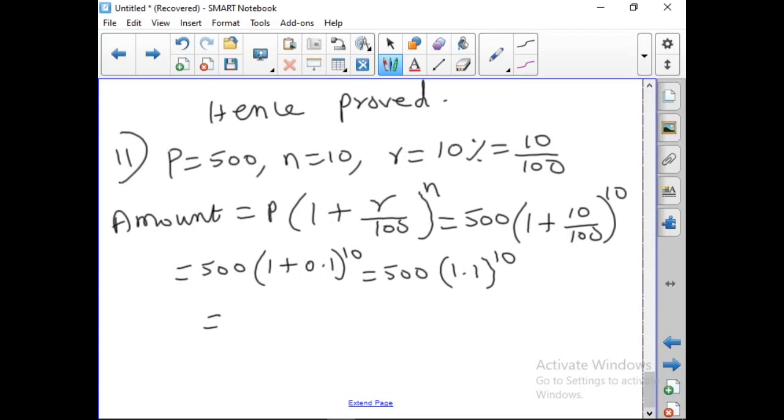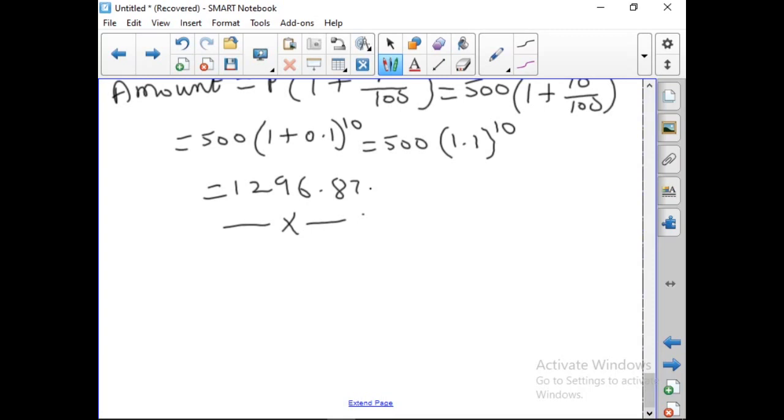Using logarithm you can find the value of 1.1 the whole power 10. So the final answer is 1296.87.